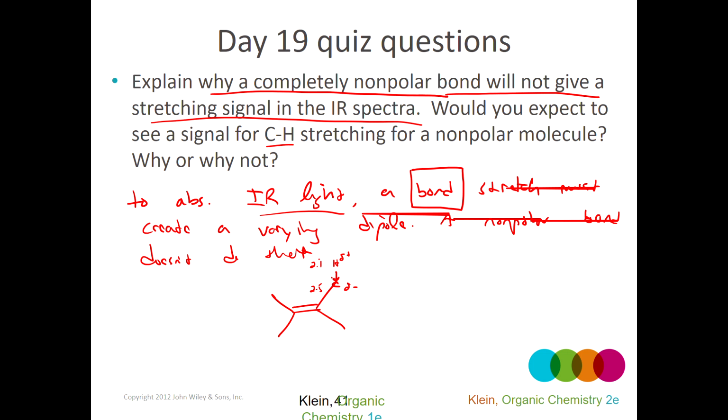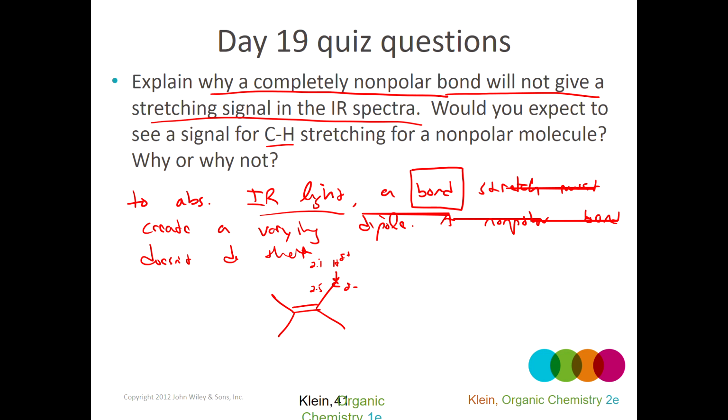It will be more polar when it's stretched farther and a little bit less polar when it's stretched closer or compressed. And so the change in polarity for the bond as the bond stretches and shrinks back down is what allows it to interact with the infrared light and absorb infrared light, causing a signal in the infrared spectrum.